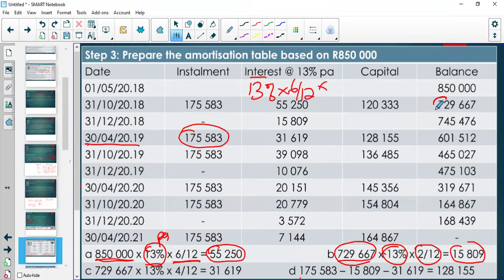Then we have November, December, January, February, March, then April they pay. So that's 6 months. At the beginning of that 6-month period, the opening balance is 729,667.